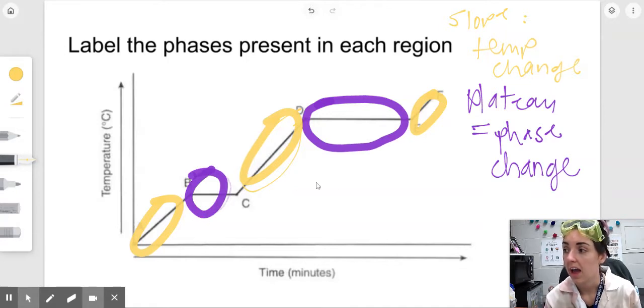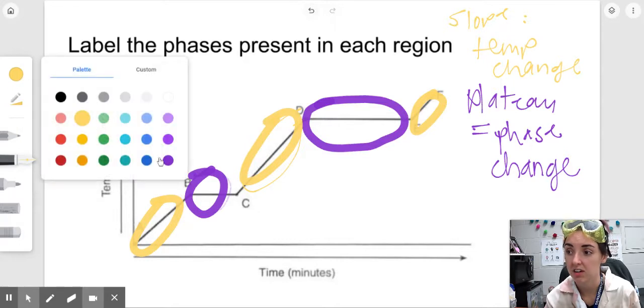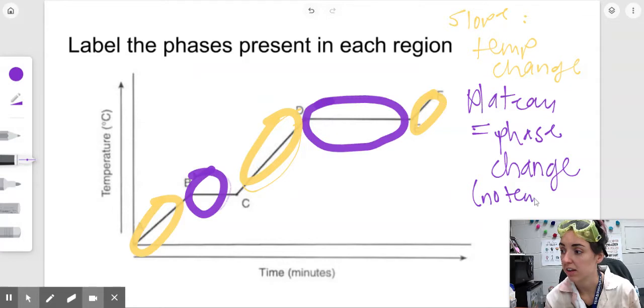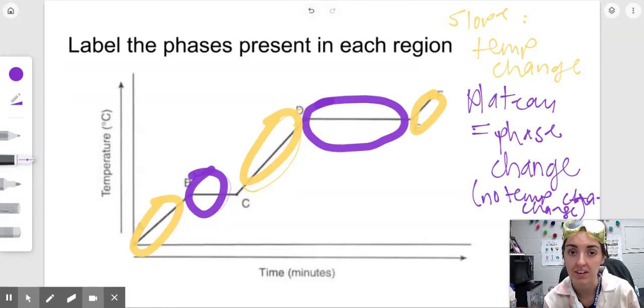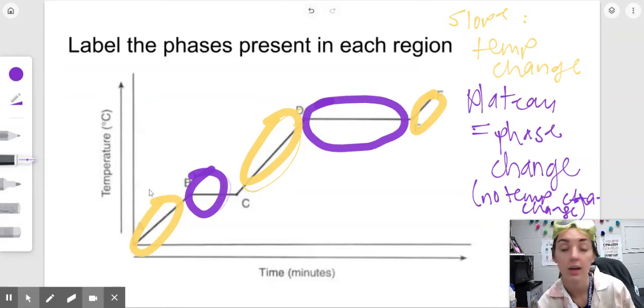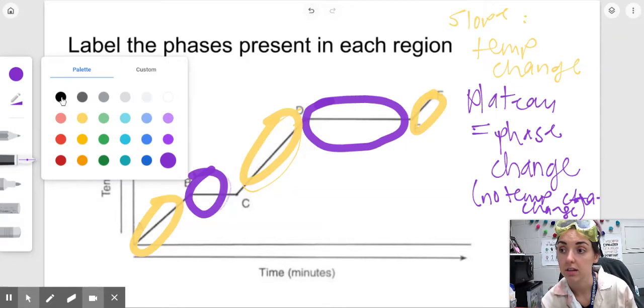But notice how during a phase change, there is no temperature change. Temperature stays the same. We ran out of space there. So no temperature change. Whereas during a temperature change, as you can guess, there's no phase change. So that's the first thing we need to think about. This is where the phase changes are happening, on the plateaus.